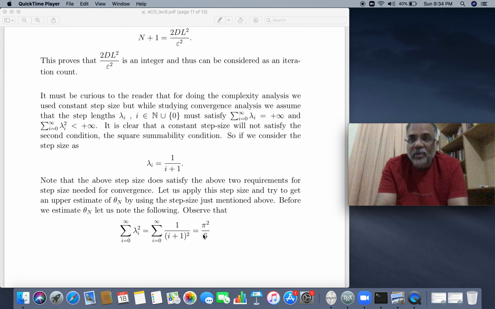It is actually a Riemann zeta function, zeta 2, for all those who are enthusiasts of the Riemann zeta function. And for students of optimization or convexity, the Riemann zeta function for a real s greater than 1 is a convex function.